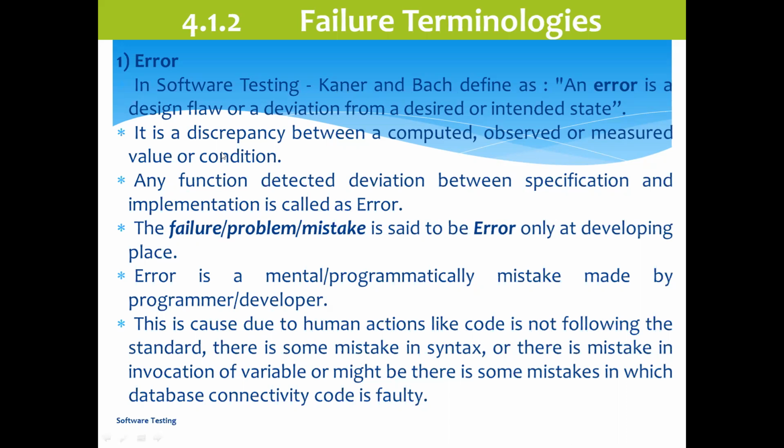In normal way, if you consider the definition in our terminology, then what is that? This error is a discrepancy, some difference between what is computed or executed, that result, and what we observe while we are doing the work. One thing is mentioned in the requirement, this should happen. So are all these matching or not? What is expected?